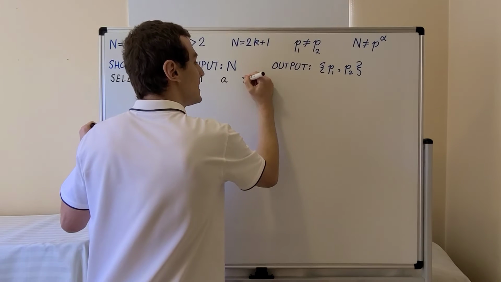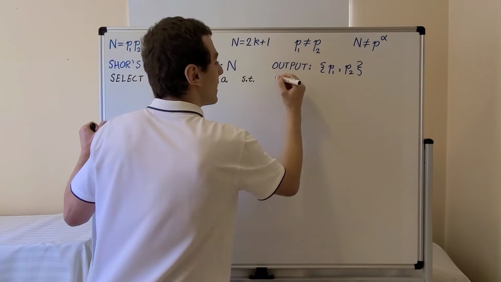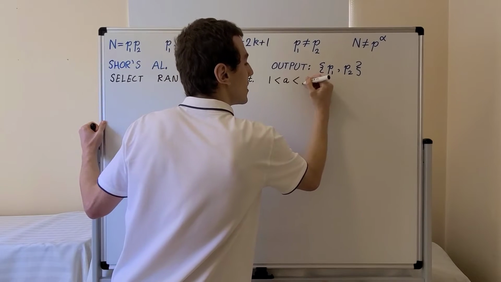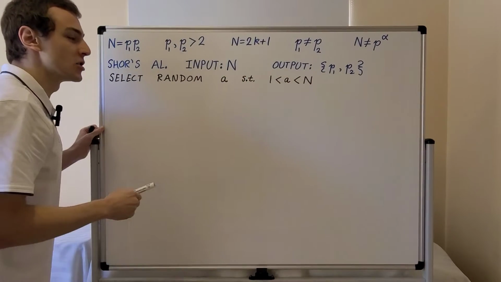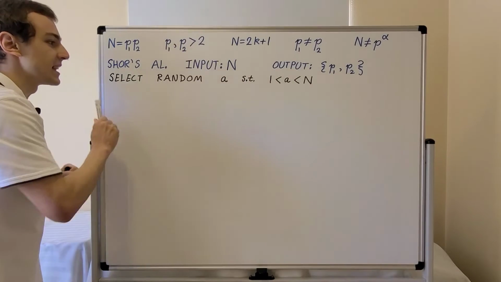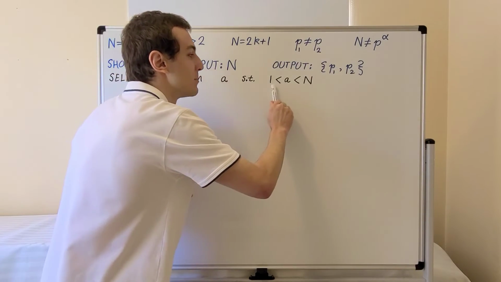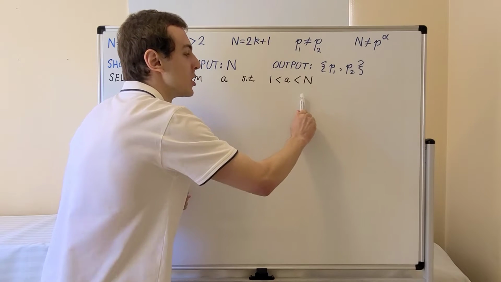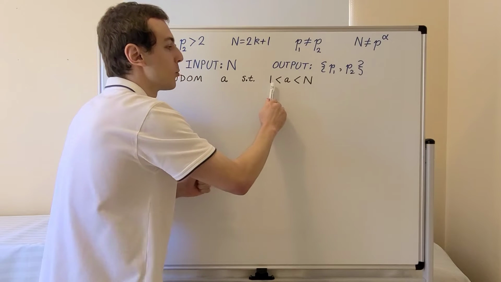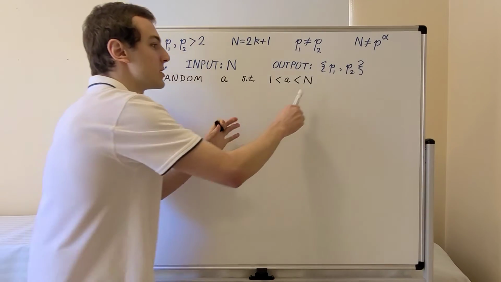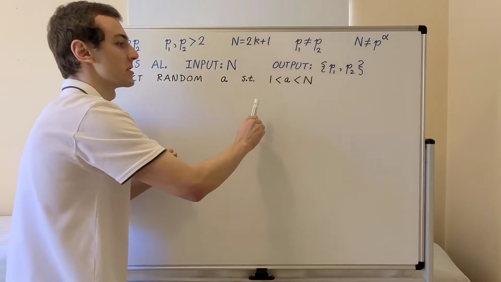And a needs to be such that it is between 1 and N, the number we're trying to factor. So this is the first step. We have to select a random positive integer a such that it is between 1 and N. So it has to be less than N, and we don't want it to be 1, and we don't want it to be a negative number. So we're restricting this to positive integers.